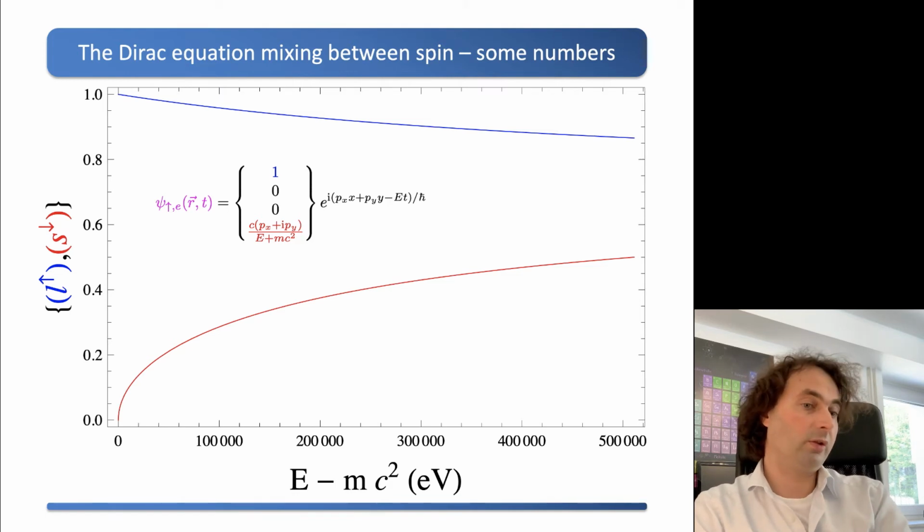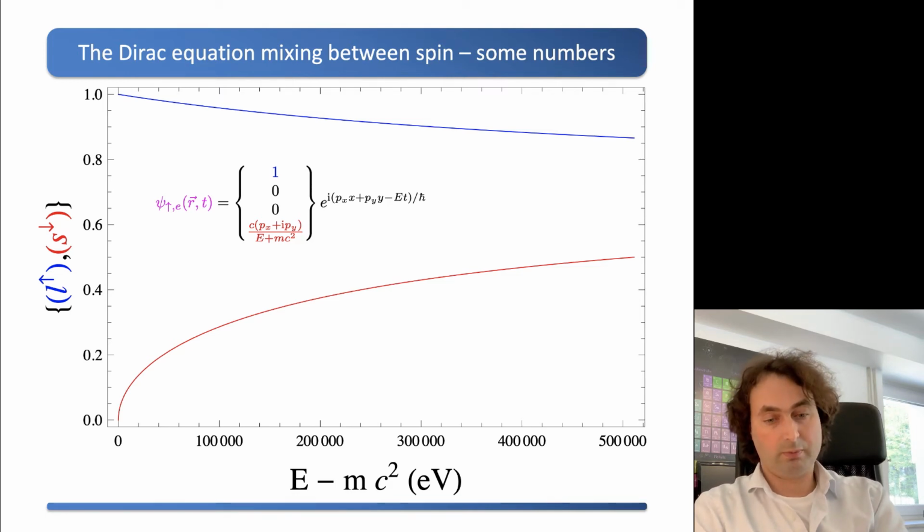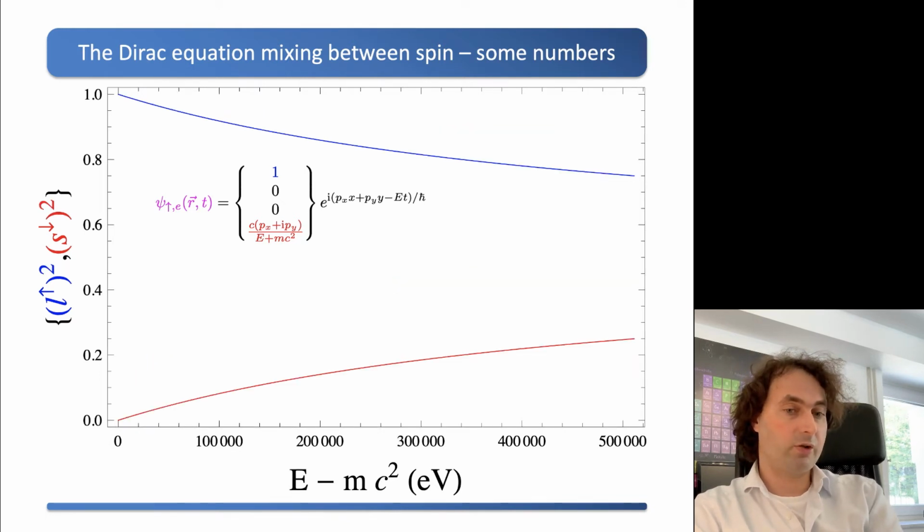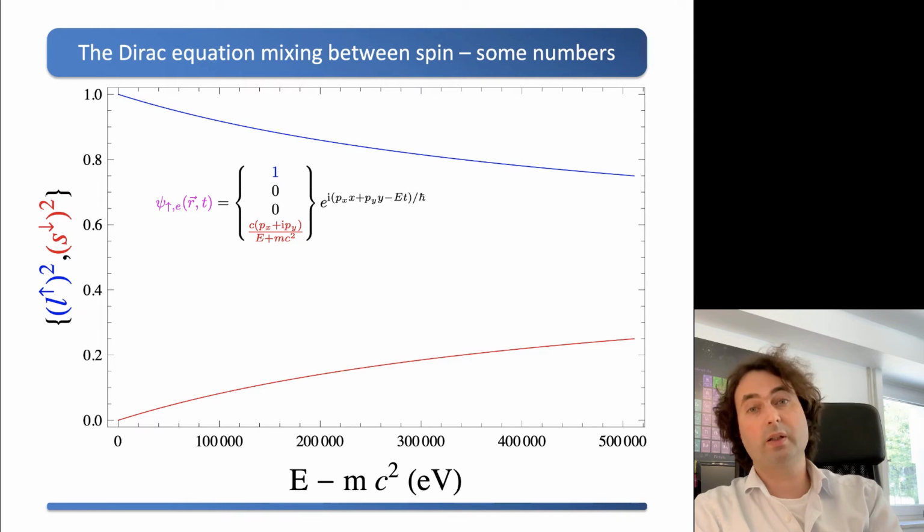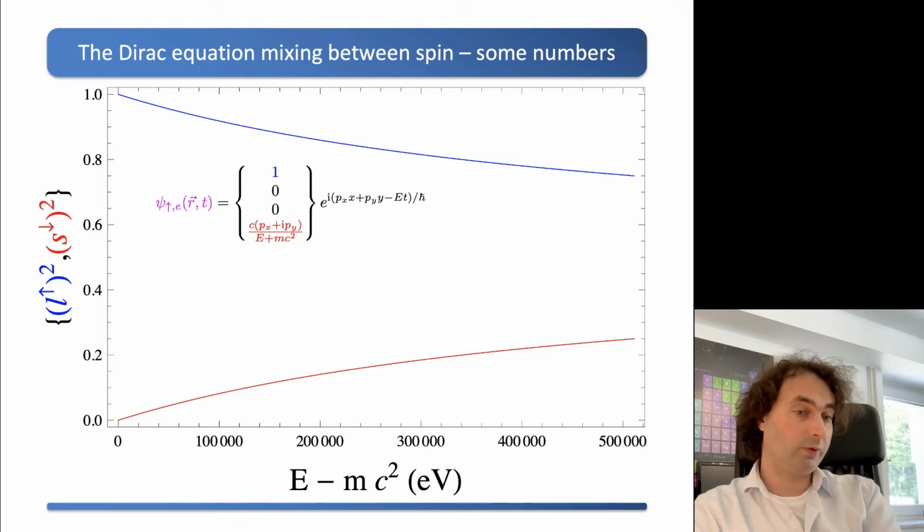So you truly go deep into the relativistic regime. Instead of just looking at the prefactors, you can look at the prefactor squared so that you can nicely see that the sum of the two is always 1.